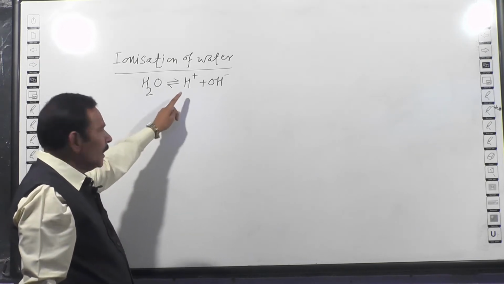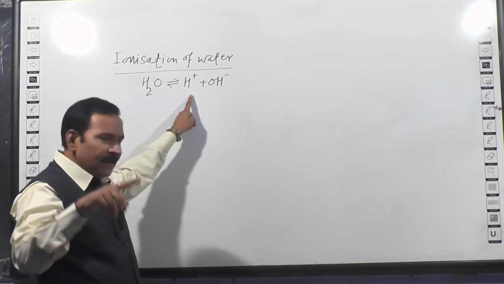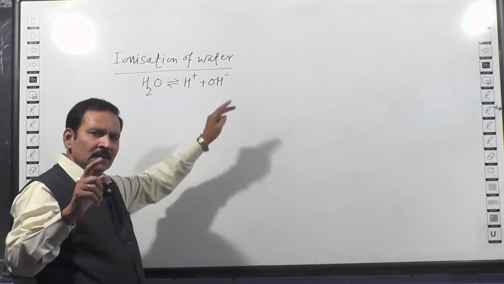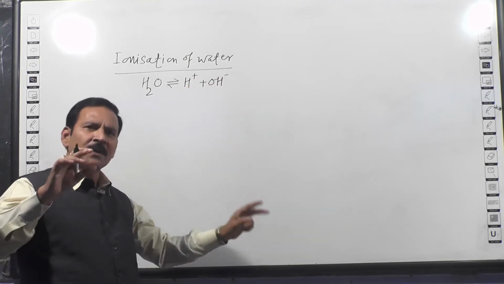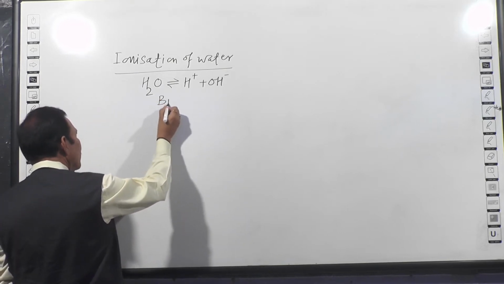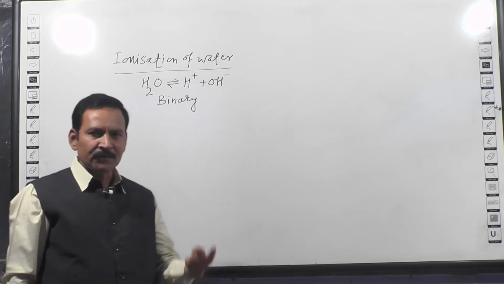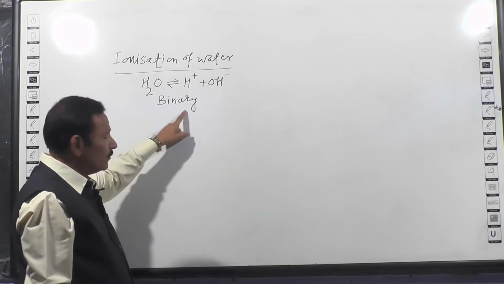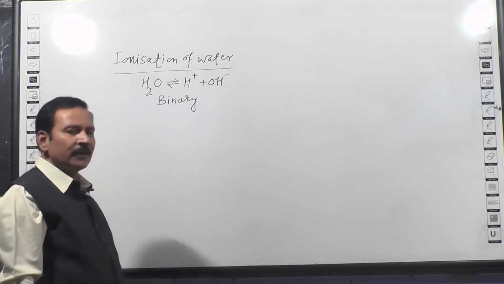Now, if an electrolyte gives one ion having positive charge and one ion having negative charge, and the ions are equal, plus and minus, the charge carried by them is also equal but opposite in magnitude. So this water is called a binary electrolyte. Binary stands for two ions. The electrolyte that produces two ions on dissociation is called a binary electrolyte. So water is a binary electrolyte, one thing.